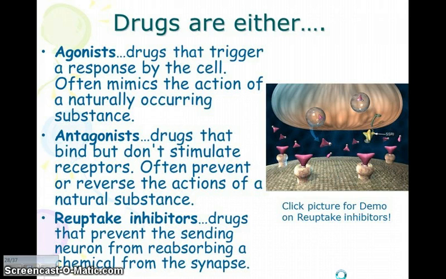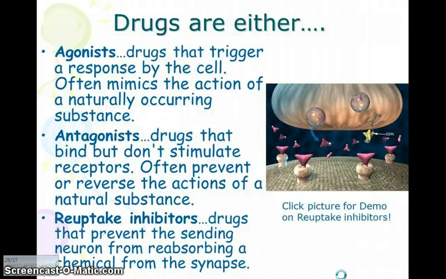Drugs, just a reminder, we've talked about this before, can take one of three actions. They can either be an agonist, in which case they mimic a natural neurotransmitter, and in that case, most of the time it causes more activity within the brain, more firing of neurons. It can be an antagonist, which basically means that it will create a problem with neurons firing.